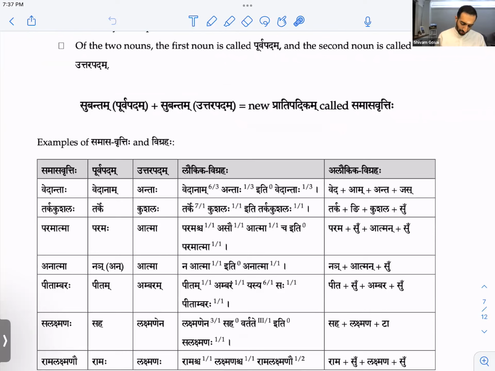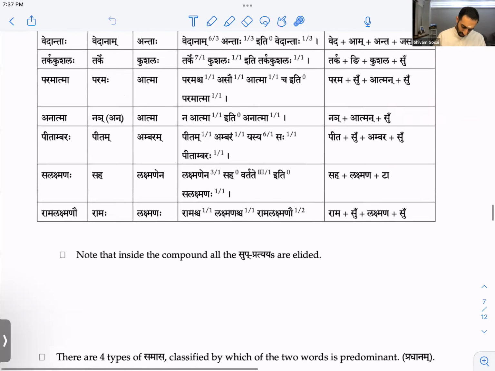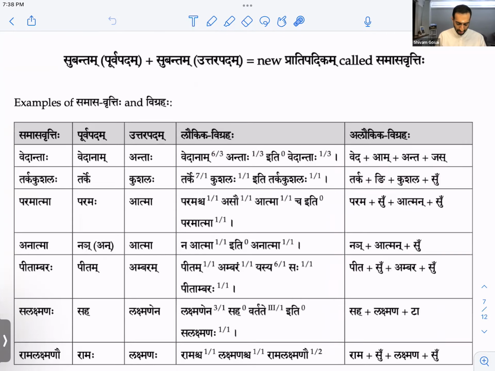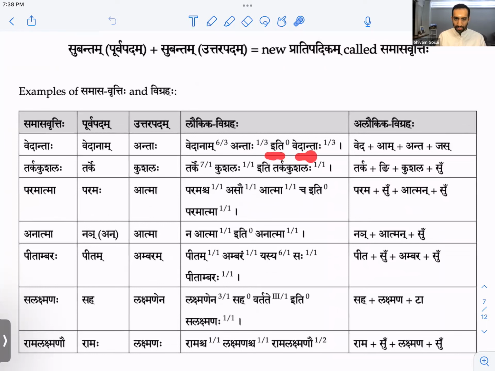For example, you see this Vedanta. We're making the word Vedanta. Vedanam antaha iti Vedantaha. The end, antaha, of the Veda, Vedanam, is called Vedanta.